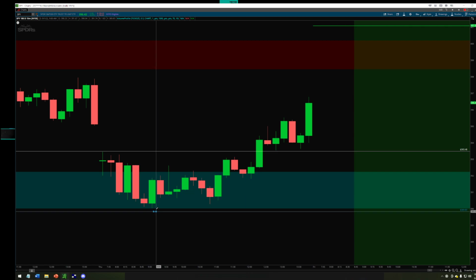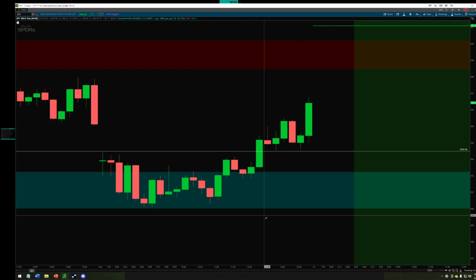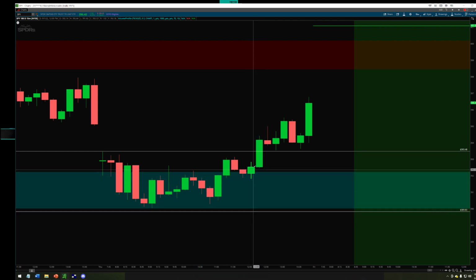But the problem is that with your stop four ticks below, your target is going to be inside, because you always have to aim for a 3-to-1 risk-reward. If I take it here, I know that my stop is going to be right below this area.